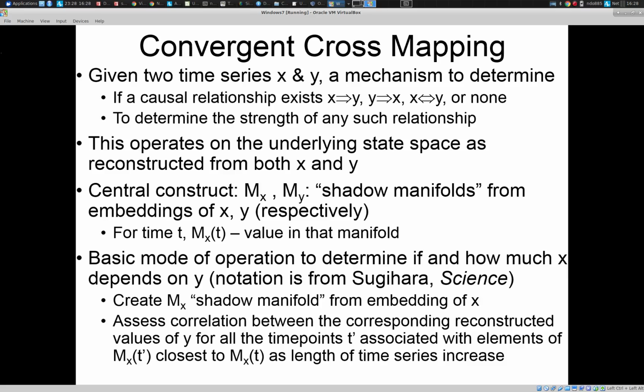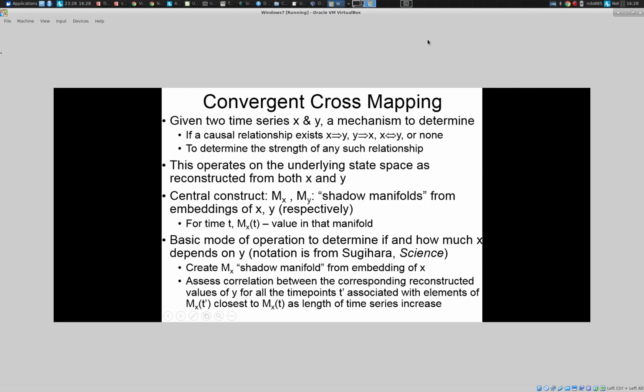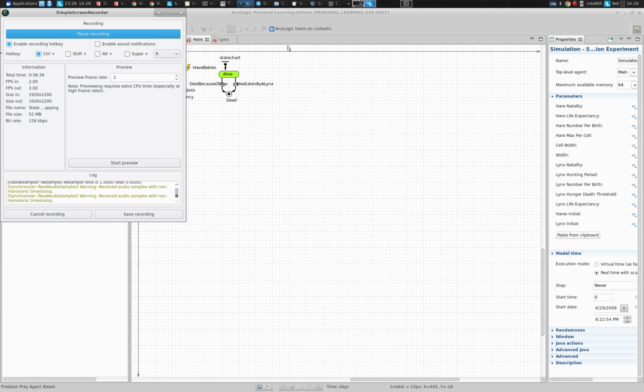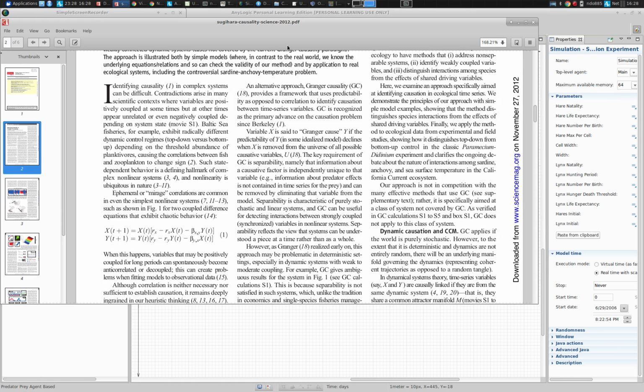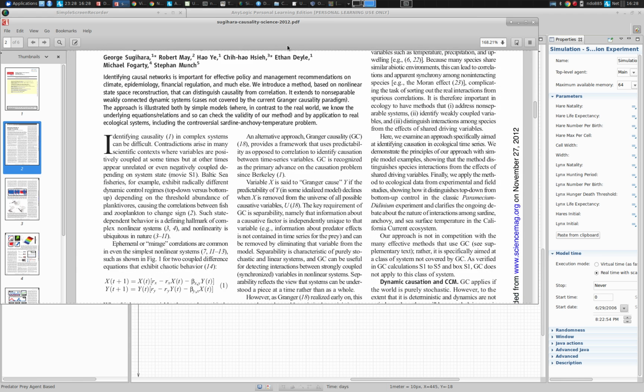Okay. Let's talk about this latter notion of convergent cross-mapping. This is the way that in the pages of Science, about 5 years ago, Sugihara from Scripps Institution in La Jolla laid out a method for detecting causality in complex systems.